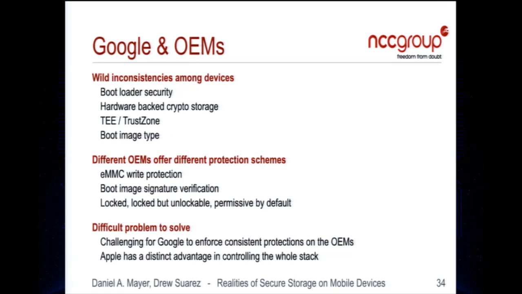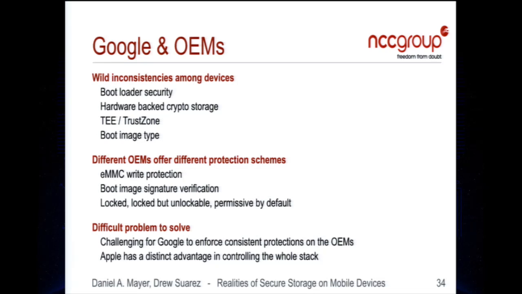But talking about Google and their OEM partners, this is where we start to get off the rails a little bit. Android is a very diverse platform that can run on the most bare bones hardware possible or on the highest end flagship. But unfortunately, with that flexibility comes wildly inconsistent behavior in terms of how these things are built.